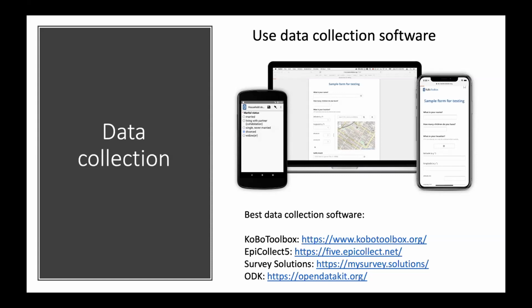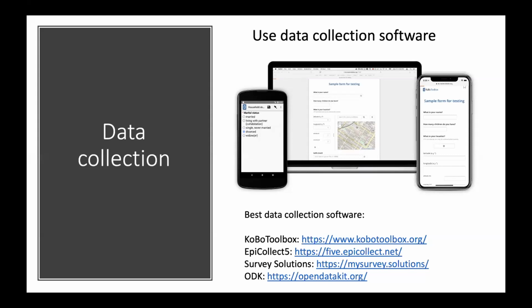Starting at the bottom with ODK, or Open Data Kit, this was created by Google quite a few years ago, and it's still widely used out there. It has the big advantage that it's open source software and you can customize it 100 different ways. Many of the tools out there today are built on the ODK platform. The second one I want to talk about briefly is Survey Solutions.